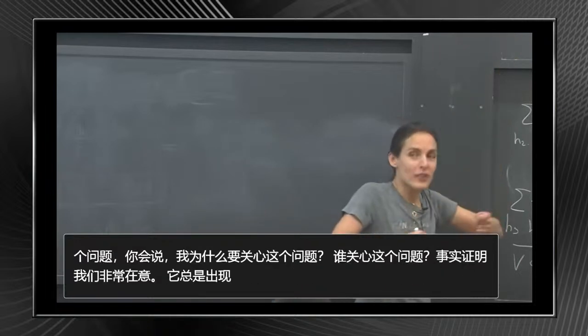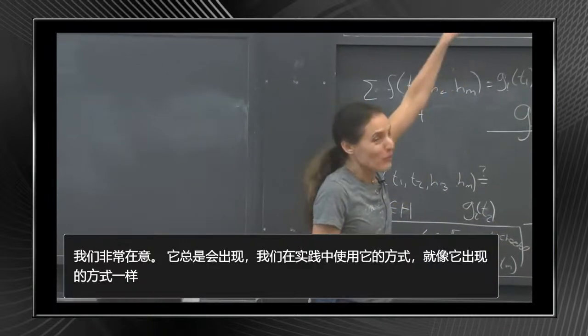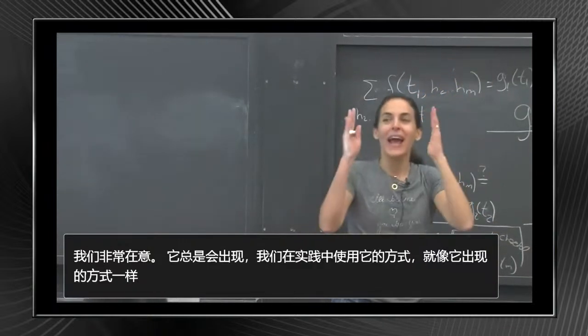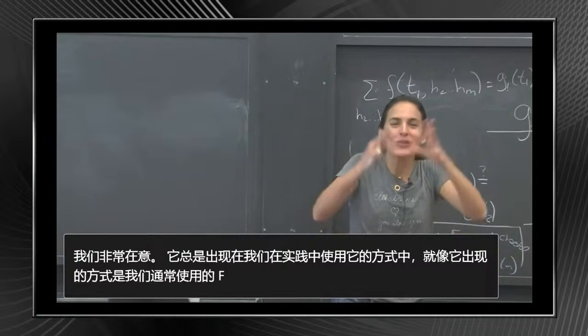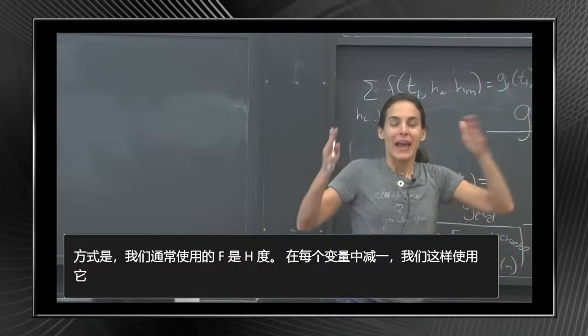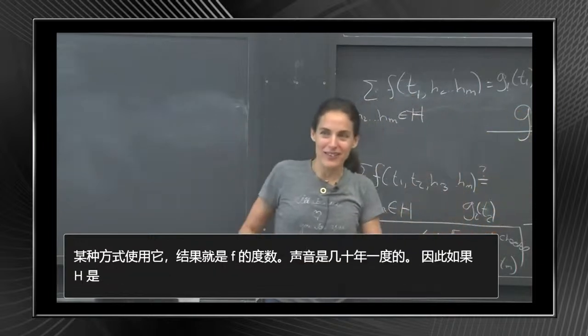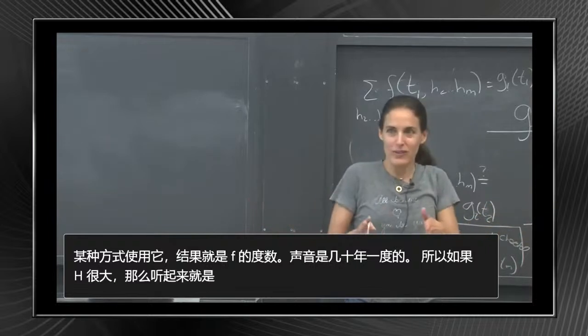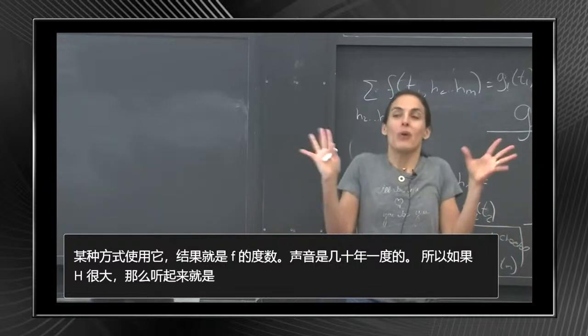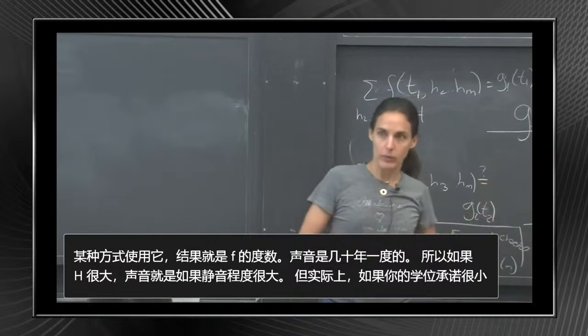The way we use it in practice is the F that we use usually is of degree H minus 1 in each variable. And the soundness decays with the degree. So if the degree is big, the soundness error is big. But if you're promised that the degree is small, then we're good. We'll analyze it right now.